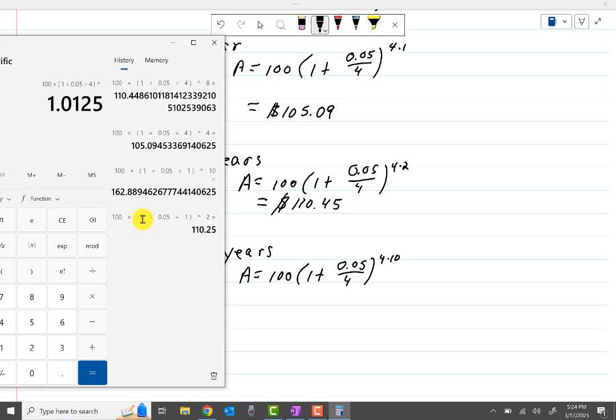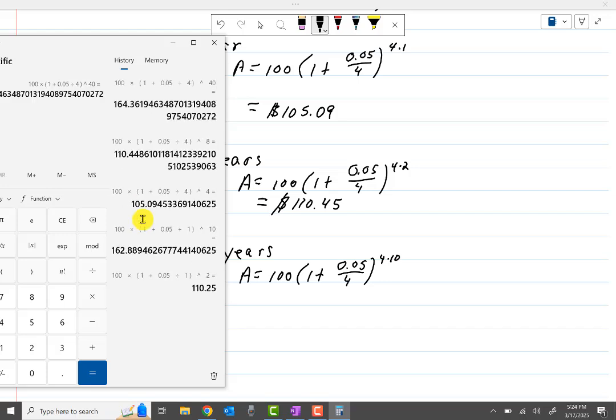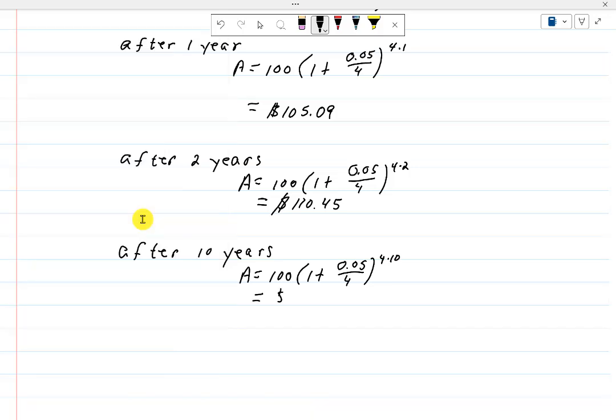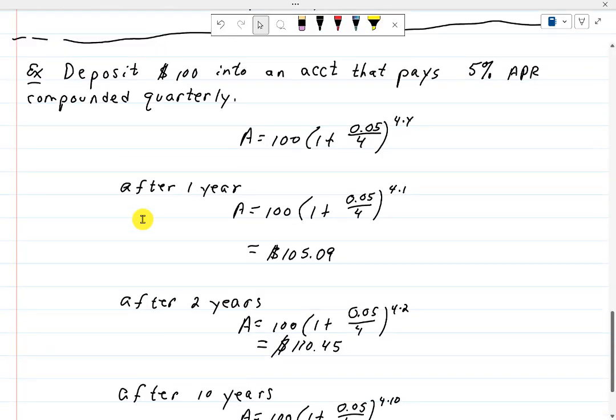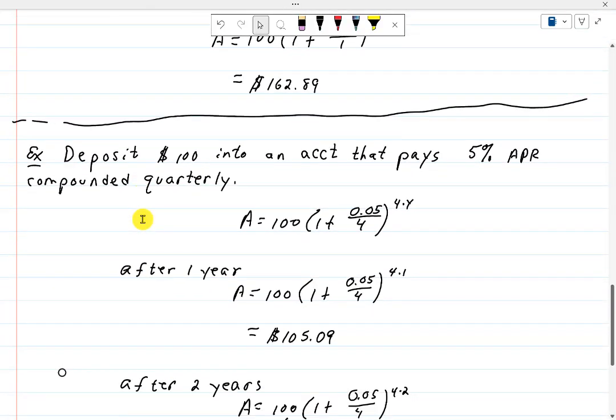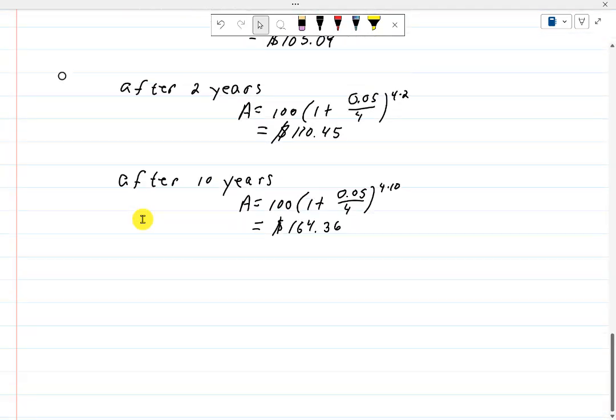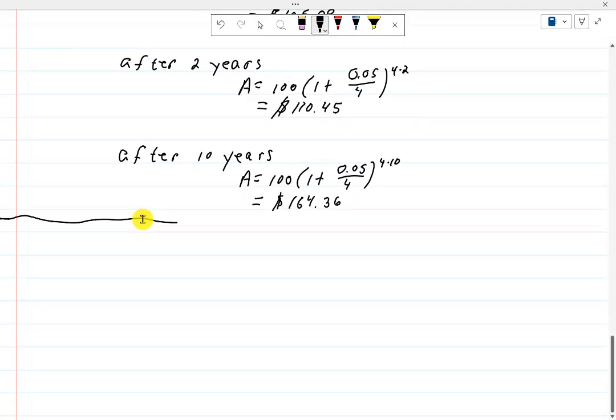If you're going to keep 4 times 10 instead of 40, make sure you put parentheses around your exponent, otherwise it won't work out correctly. Here I'm just going to use 40. It's easier just to multiply it in my head. Here I got 164.36. And you can see that is better by a little bit than the previous version.